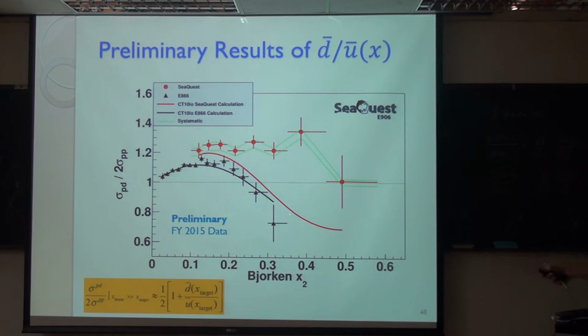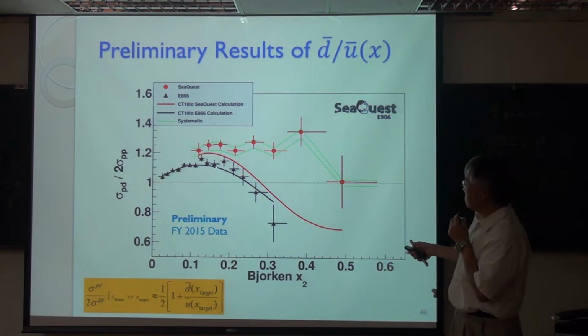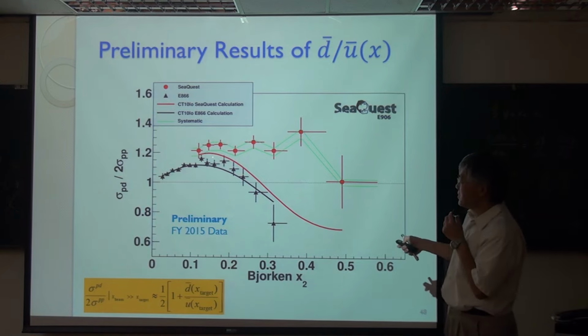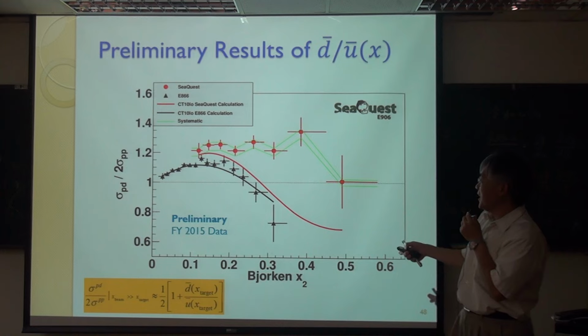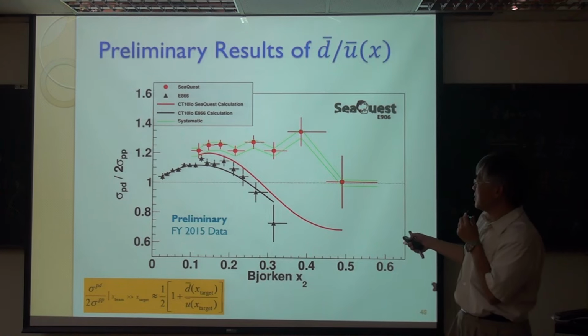You may wonder how come we have some deviation from E866, since E866 measured here and we measure here, in the overlapping X region.